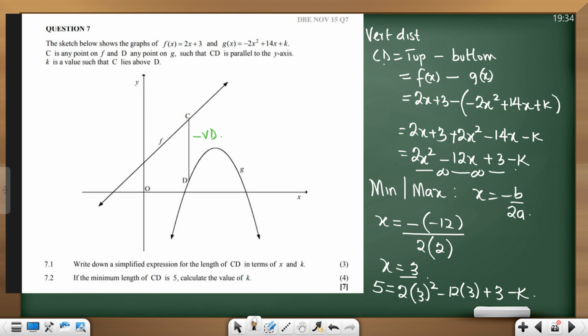16 plus 19 minus 36 would give me minus 17 there. Everything over.